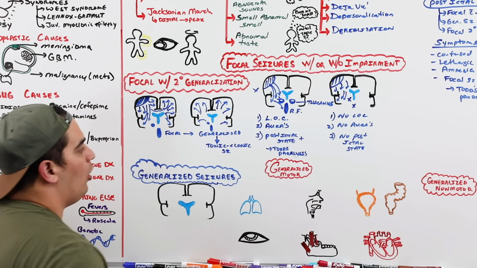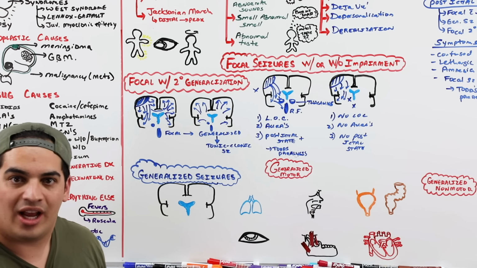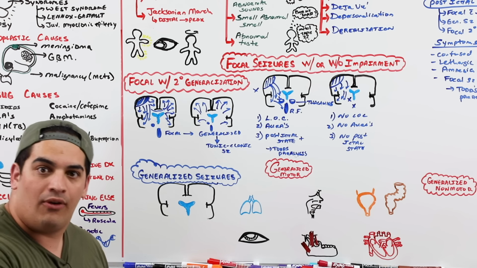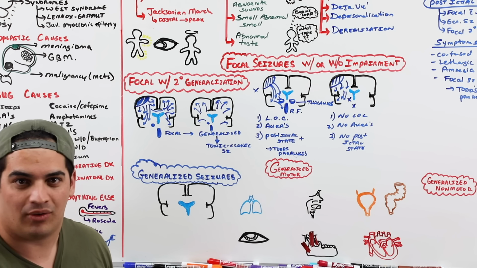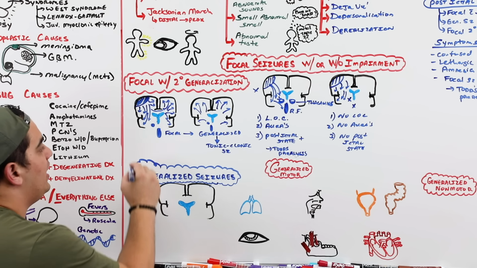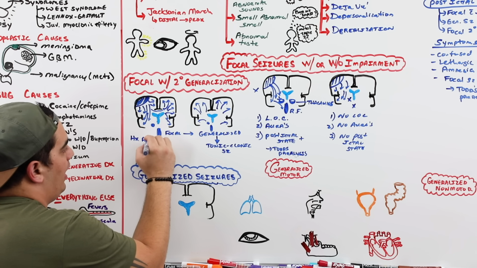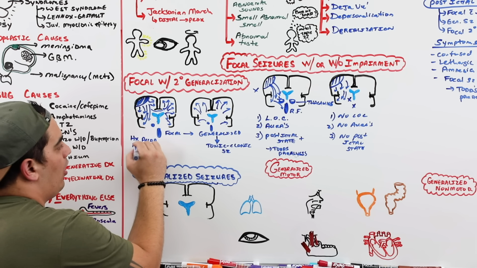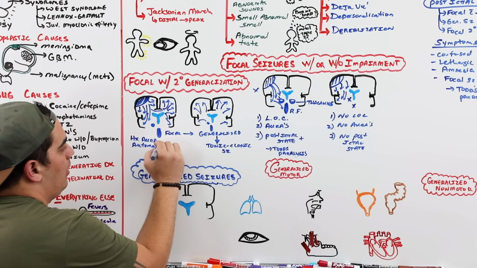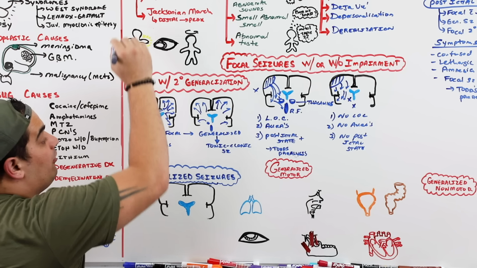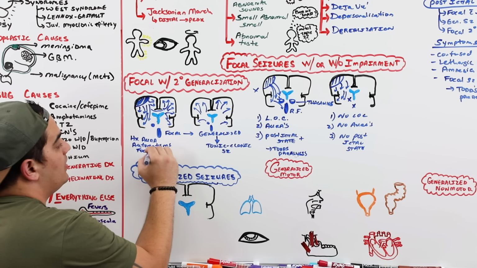Now, how do I know if a person had a generalized seizure, or they had a focal seizure with impairment that became generalized? Usually, if there was a history afterwards, or you could find in some way, that they had a history of aura, automatisms, or some type of focal seizure symptoms.